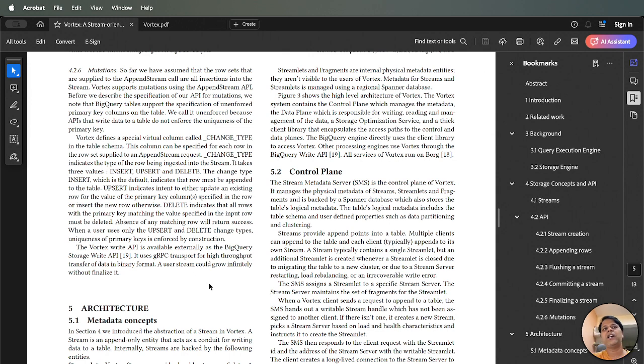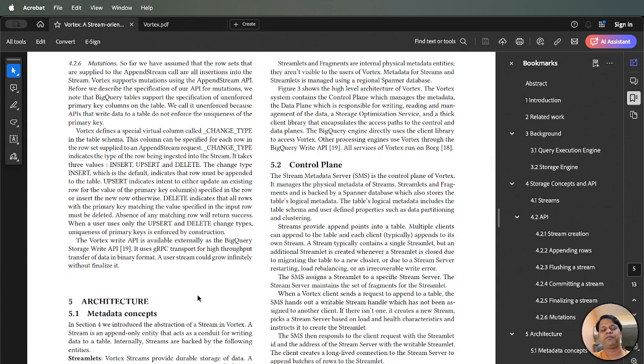We will see towards the end how these are handled. Upsert, you would know, is generally handled as insert and delete. For updates it is delete and insert of new records. If it is an insert, it is a regular append. Delete means it will mark those records deleted and later do garbage collection.